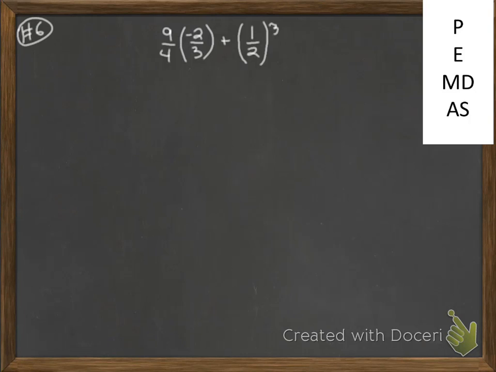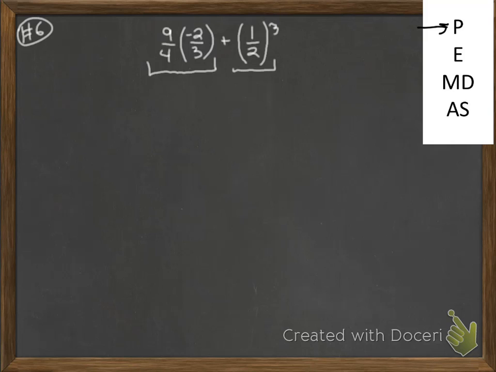All right, let's look at this next example. So we have 9/4 times the quantity of negative 2/3 plus 1/2 quantity cubed. So again, we always start with parentheses. I think this is a little bit misleading because you have to ask yourself, what are the parentheses really doing? In this case right here, the parentheses are really only indicating multiplication.